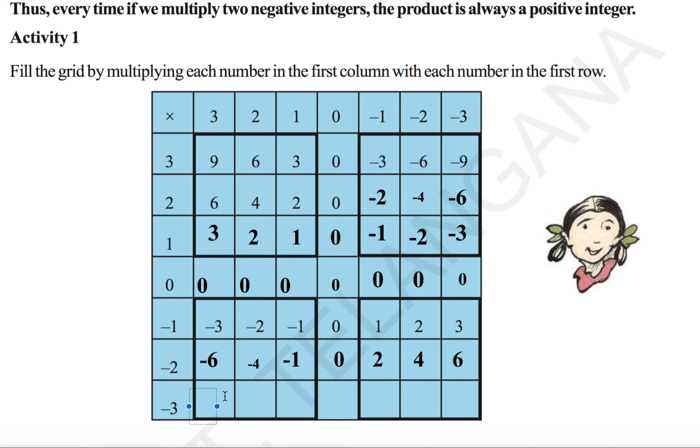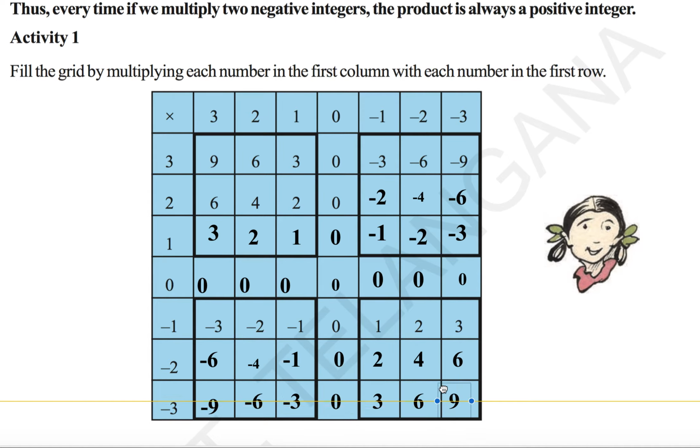Not 6, -9. Wait, 6, -6. -6, -3, 0, 3, 6.